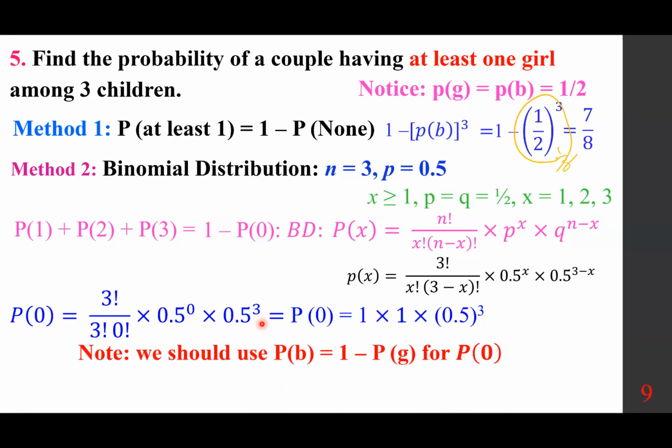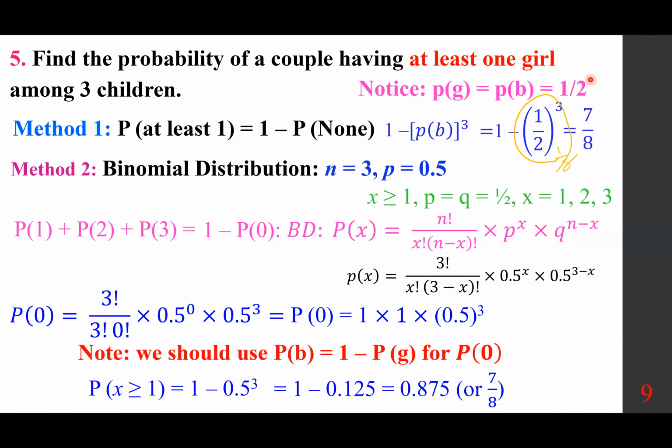Again, we should use P of B equals 1 minus P of G for P of Q, in case I've been mentioning that. And so the answer is obviously 0.875 or 7/8, as we had it again and again and again. That is the normal assumption. But if it's not, let's assume P of G is 0.6. Over here, you use 0.6. Over here, you use 0.4. Okay. This is extremely important.